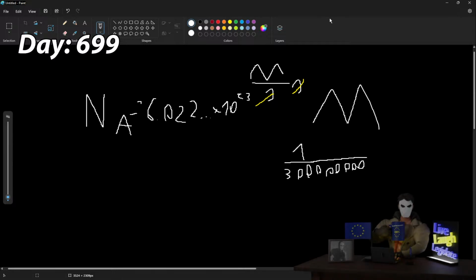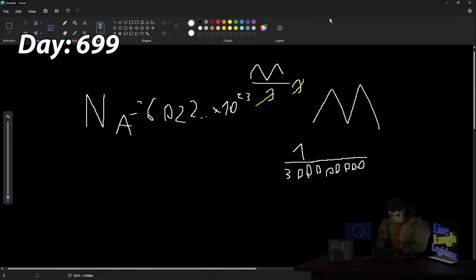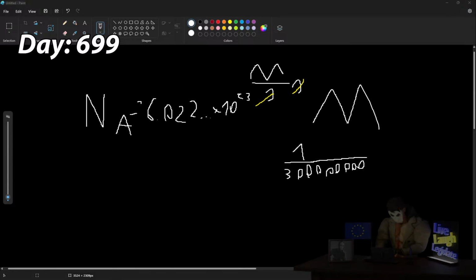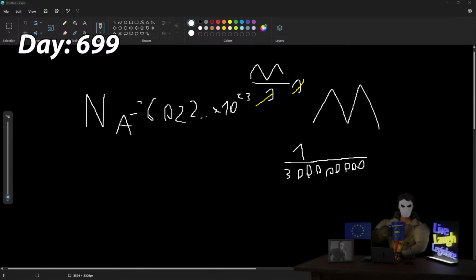Isn't it something of carbon-12? I mean, you need to get 1 gram of matter. 12 grams of carbon-12. Let's check on Wikipedia then. 12 grams of carbon-12. Yeah, that's it.